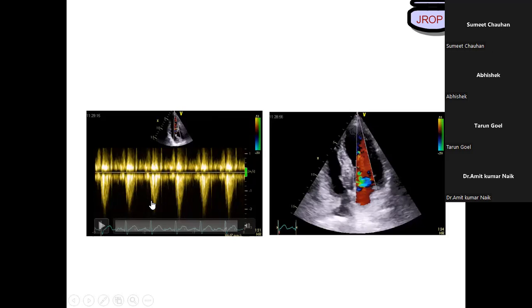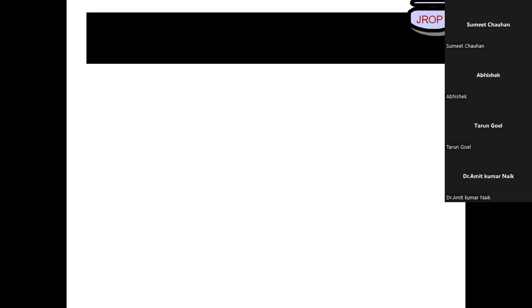Two flow patterns are present. One is aortic flow and this is dagger shaped, with a long acceleration time. So this patient has LVOT obstruction leading to almost 3 meters per second of flow velocity. Good.